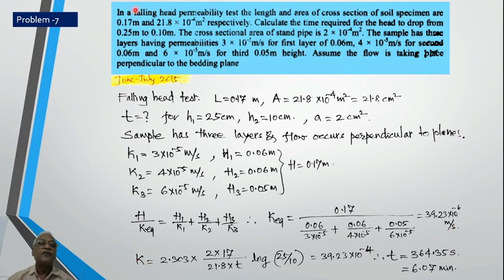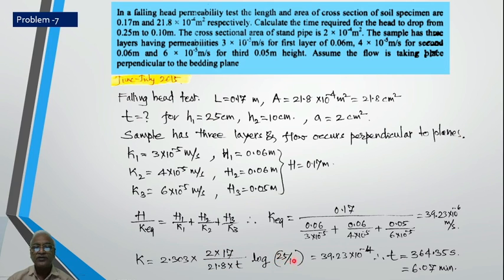Now using the falling head permeability test expression, K equals 2.303 A capital L over capital A T, log of 25 to 10.